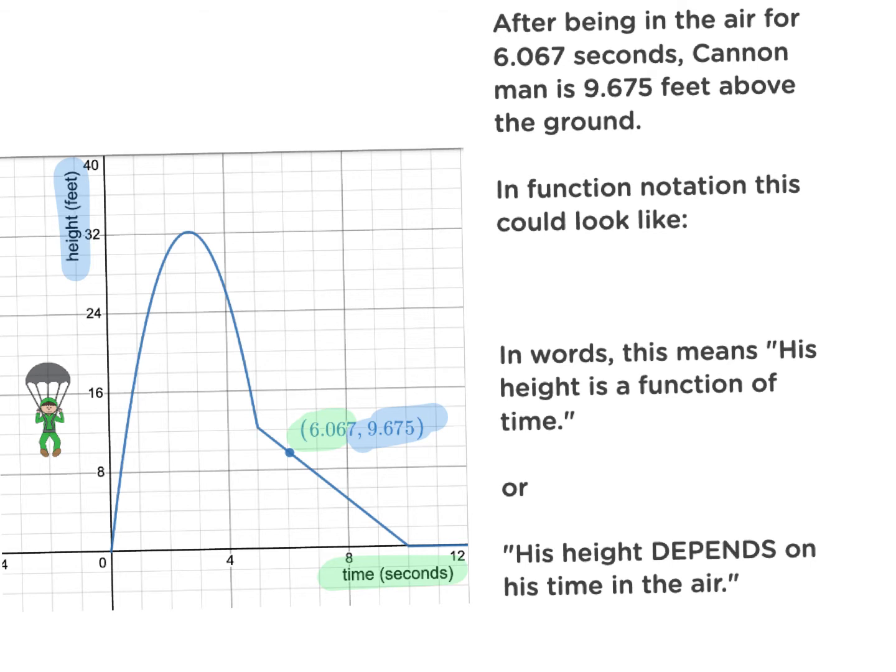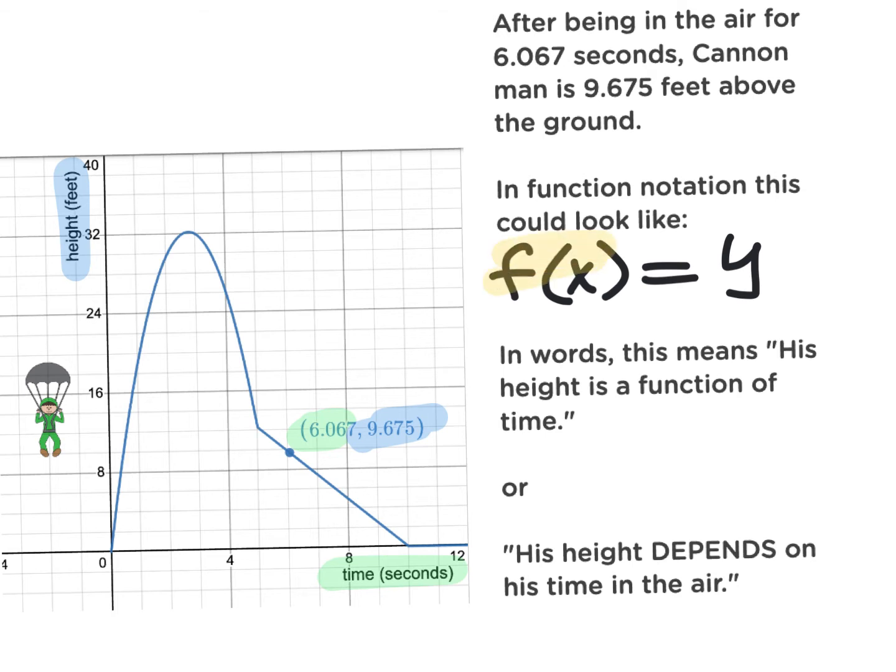It's kind of like a shortcut. So they would write F with an X in parentheses equals Y. And this is why I always talk to you guys about this ahead of time, because your background knowledge for this particular topic works against you.